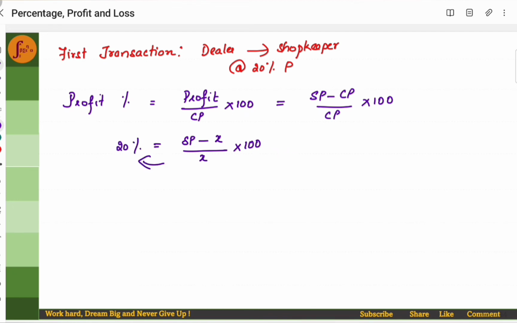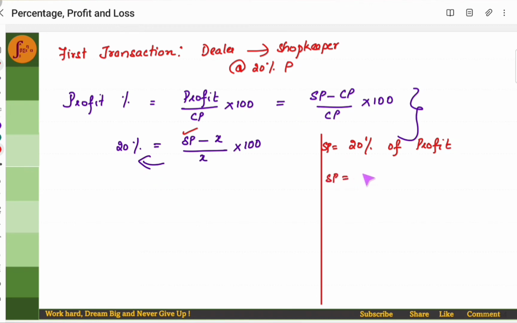There is a shortcut to do this, right? You don't have to always use the formula route. Shortcut is whenever I say 20% profit, I'll take the cost price plus profit. Cost price plus profit is selling price.